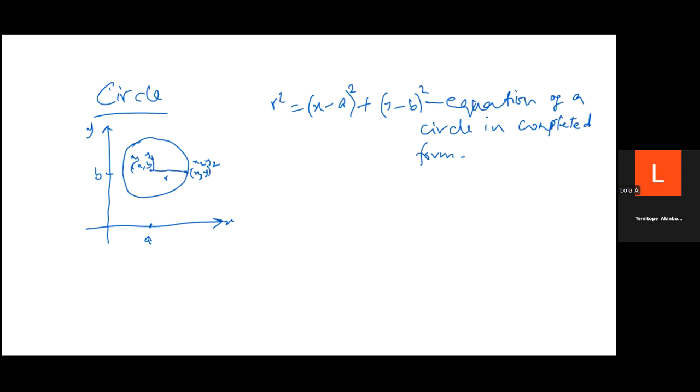So you can equivalently write this as x minus a squared plus y minus b squared equals r squared, where a, comma b is the center and r is the radius.